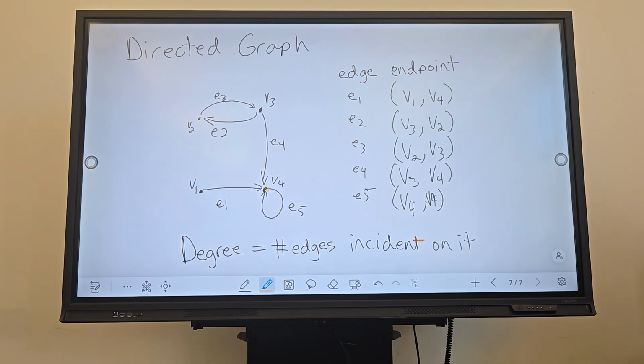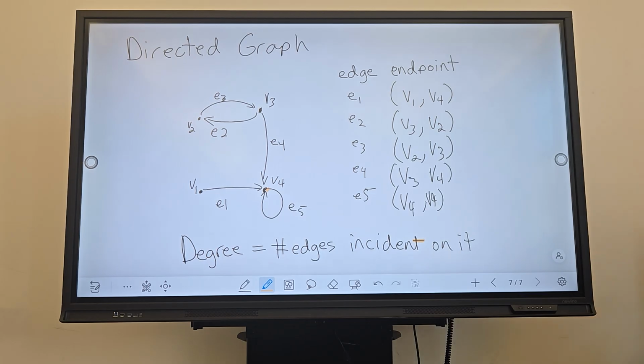Printed notes are acceptable on the quiz. No use of computers. It's a paper quiz. If you have notes on your computer, print them and bring those. So, questions about anything in Chapter 1?